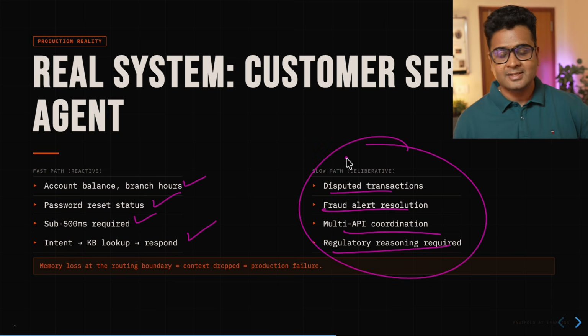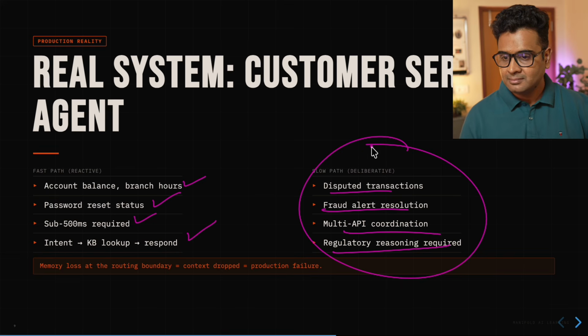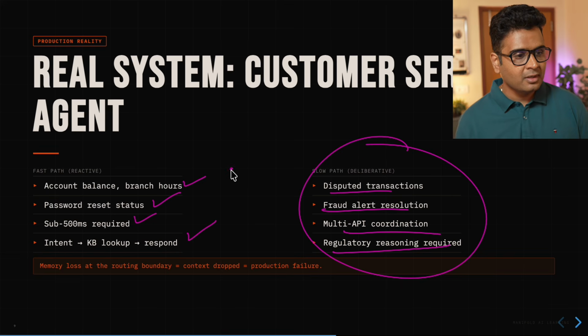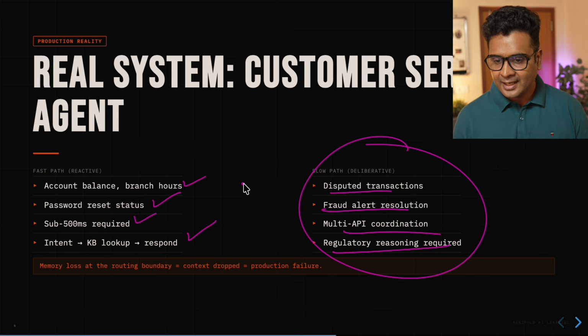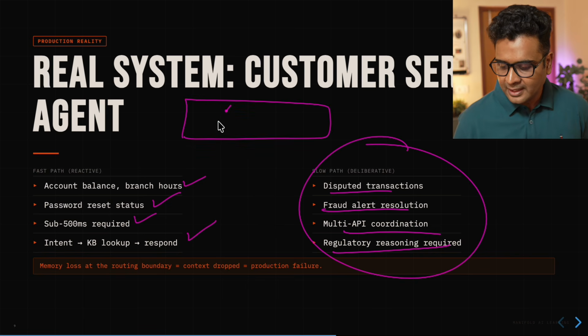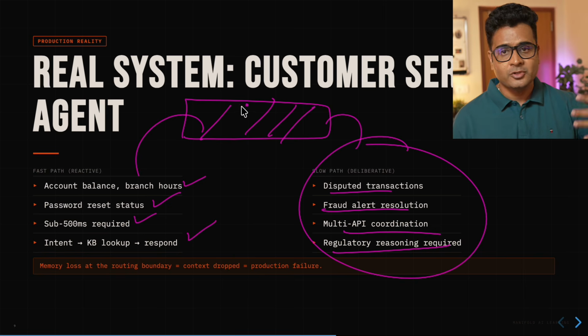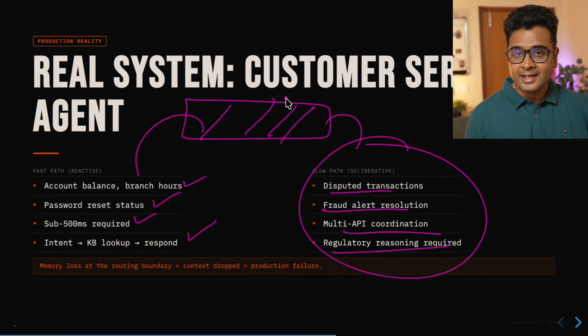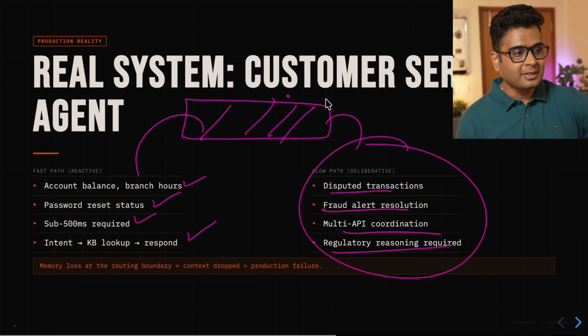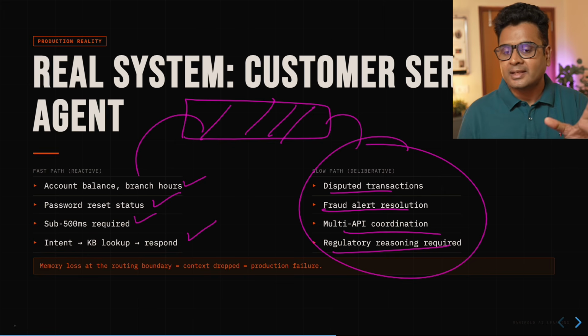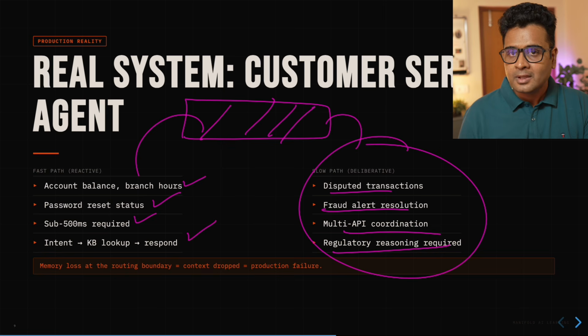But if you build it as a purely deliberative system, your acknowledgement latency will simply blow up. So in such a scenario, we are going to use the hybrid architecture. We will have a lightweight classifier which decides which path to go, whether it should be a fast path or a slow path. And that is what we mean by the usage of the three agentic approaches: reactive, deliberative, and hybrid.